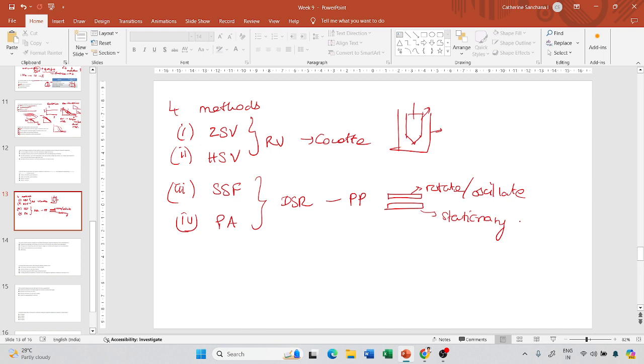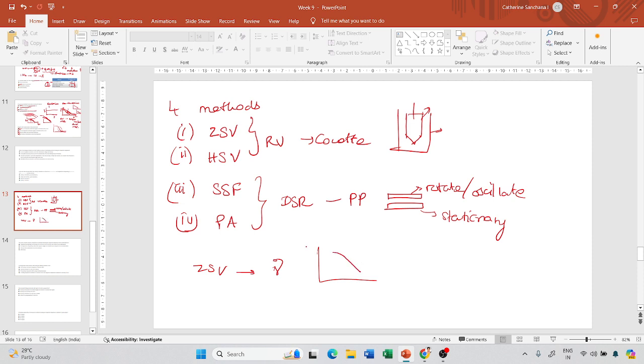Now in the case of a zero shear viscosity, you do a shear rate sweep. When you do a shear rate sweep, you may get something like this.